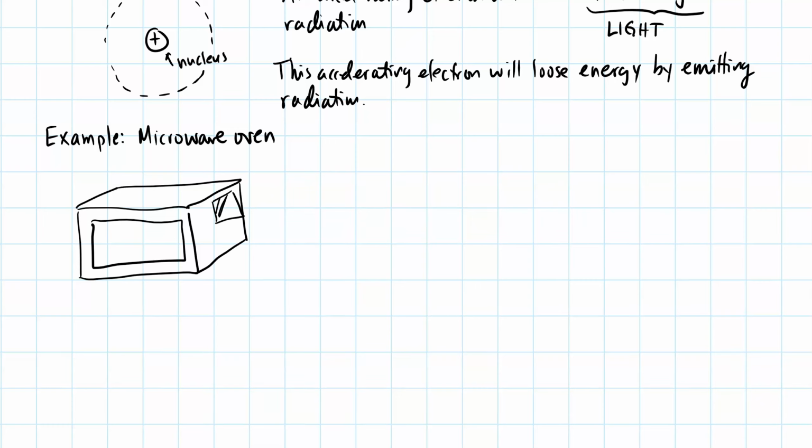What the magnetron does is create microwaves in your oven. Now, how does it create microwaves?